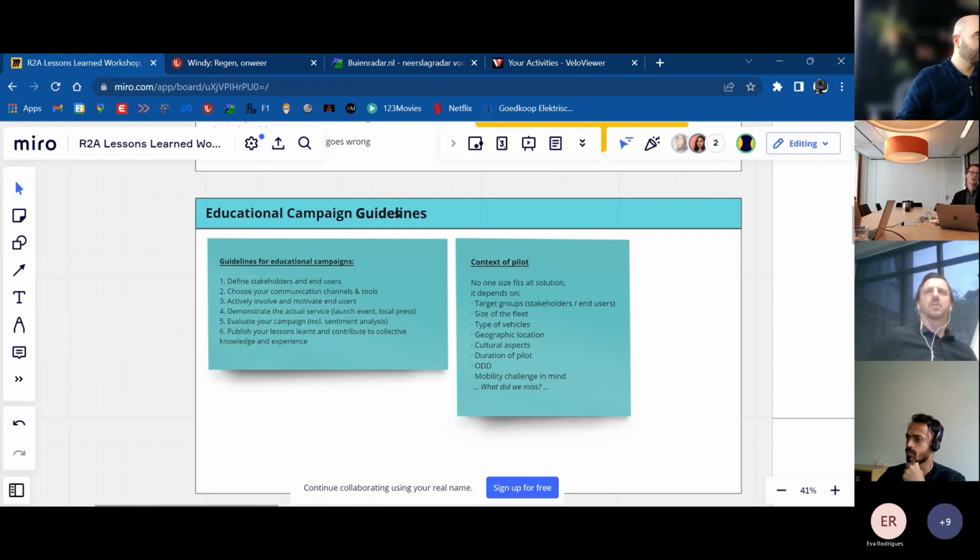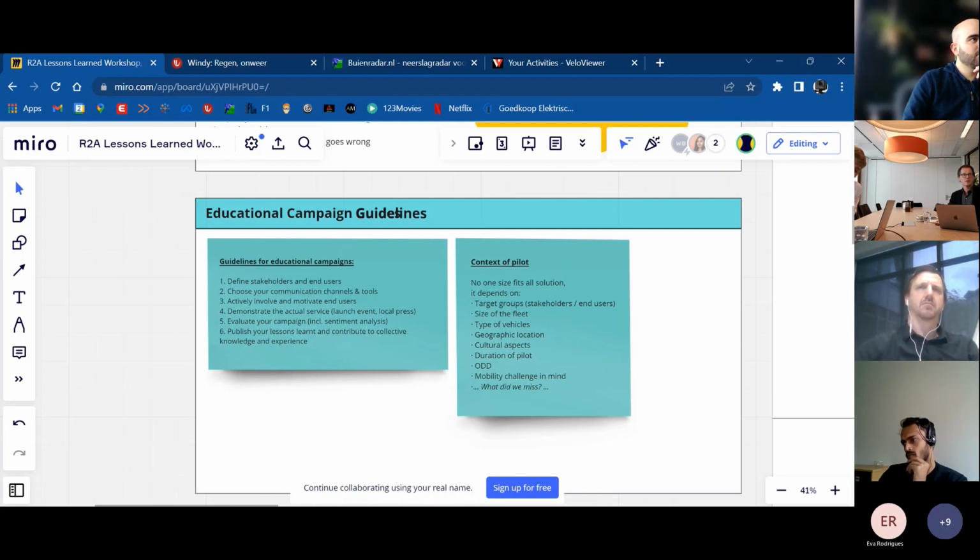So starting at 1, you have to define the stakeholders and end users with the application that you have in mind. In order to reach them, you have to choose your communication channels and tools. And of course, you have to think about the message that you want to get across. You have to actively involve and motivate end users to get them to use the service that you have in mind.